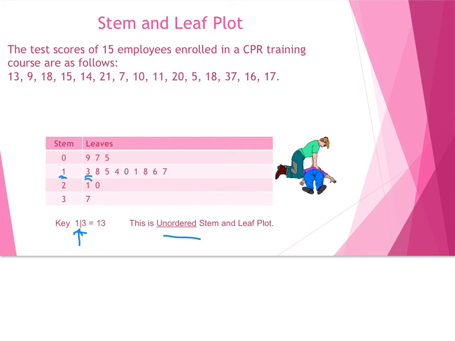You could tell a lot more information if you just rearrange your leaves. If you put them in numerical order and you see them going from smallest to largest, repeats show up more clearly, and not only that, you could see what numbers are missing.